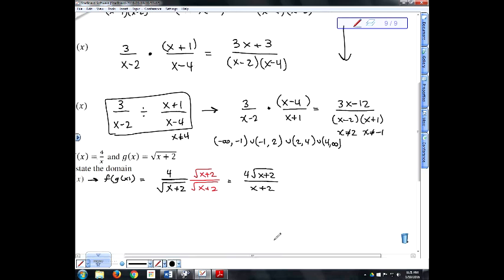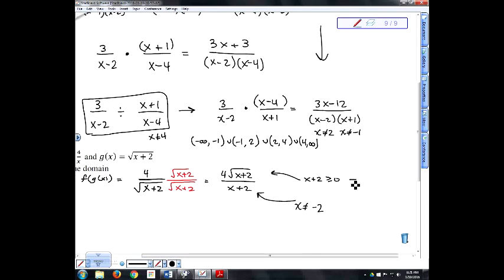So there's 2 things to consider. The numerator, because it has a square root, and the denominator. The denominator simply is x cannot be negative 2, but the numerator, x plus 2, has to be greater than or equal to 0, which means that x has to be greater than or equal to negative 2. So now we've got to figure out how to combine these two statements.